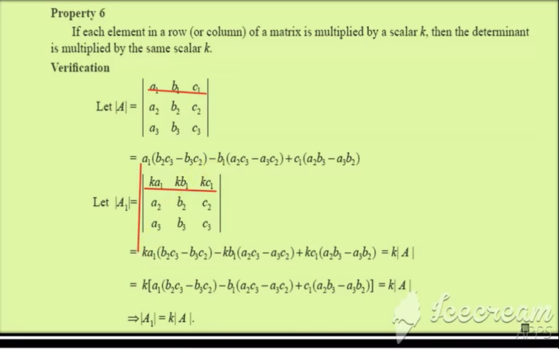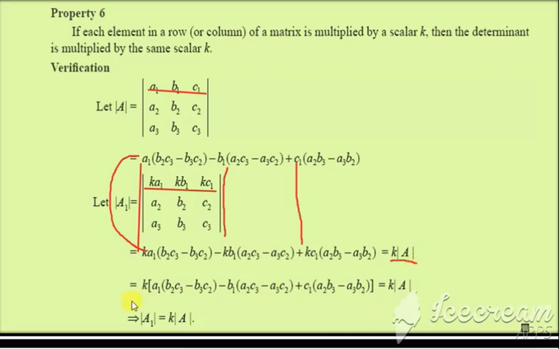After that we'll get b2 c2, b3 c3, so b2 c3 minus b3 c2. Next I am going to expand k into b1, so same value, k into b1 (a2 c3 minus a3 c2), and k into c1 (a2 b3 minus a3 b2). I am going to take k outside.